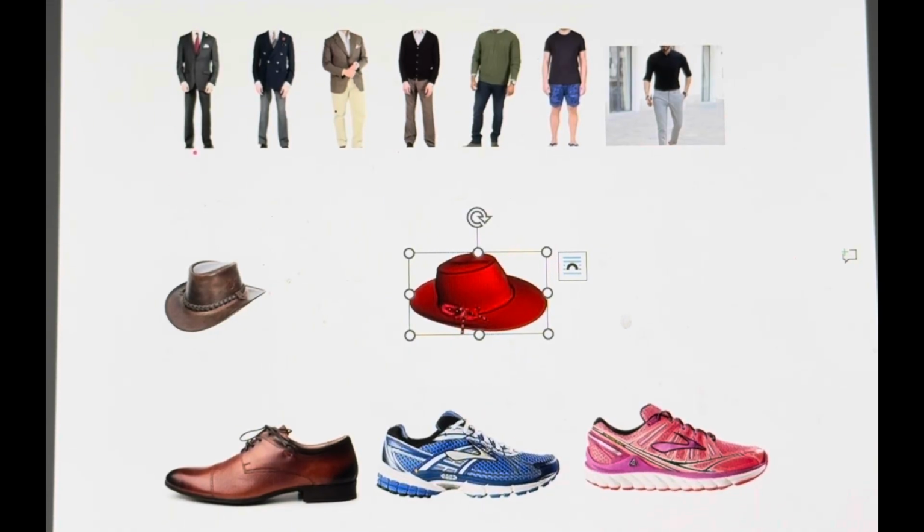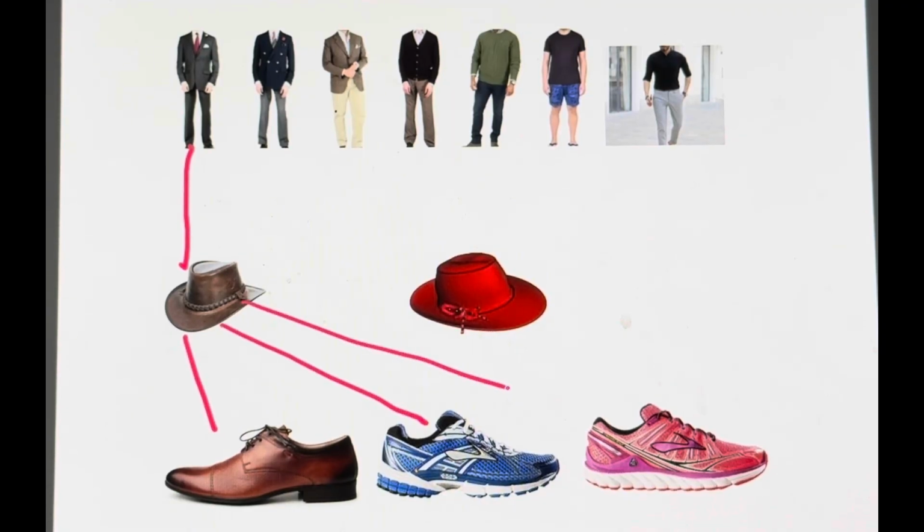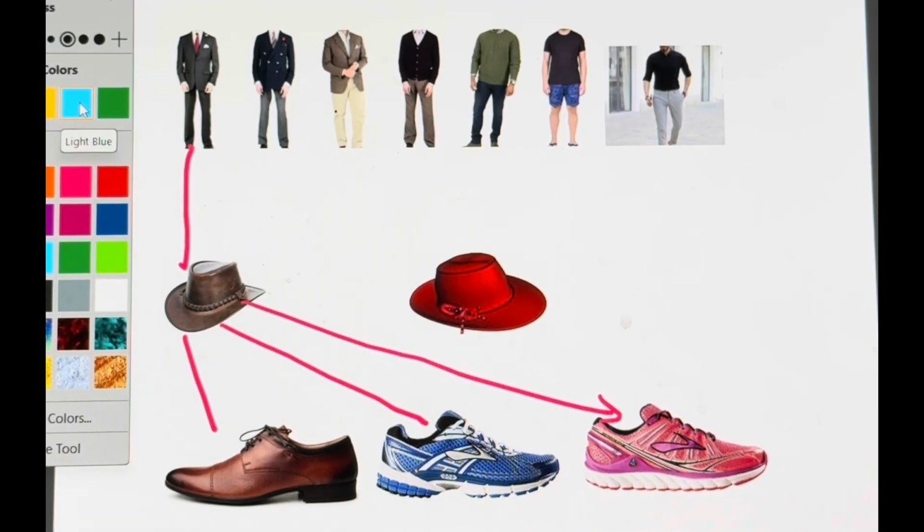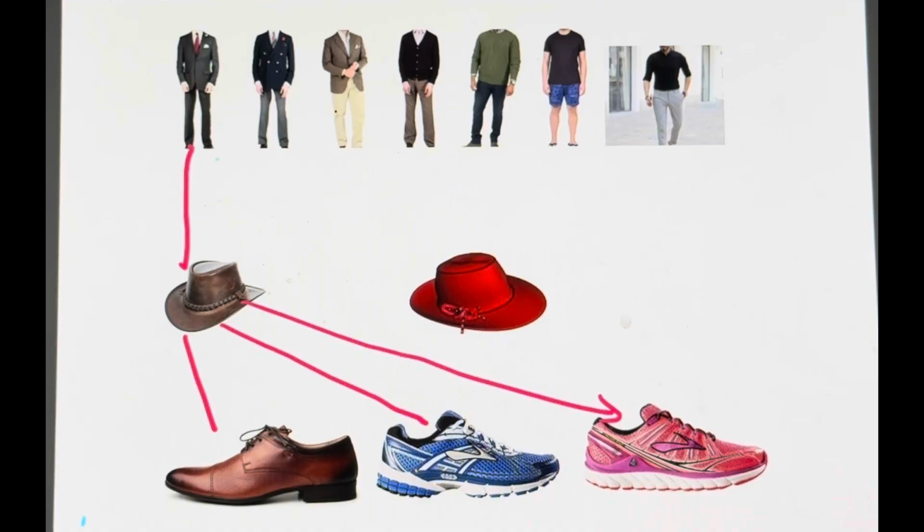So what are the options? If this is the dress chosen, he may choose this hat, and with this hat, how many different possible shoes? 3 types of shoes are possible. So with one dress and one hat, 3 possibilities are there. And suppose he chooses the second hat.